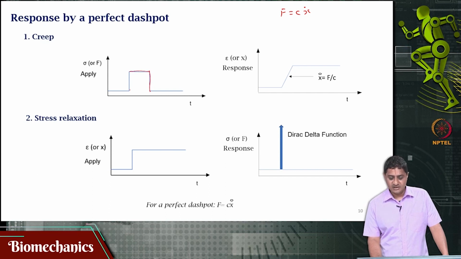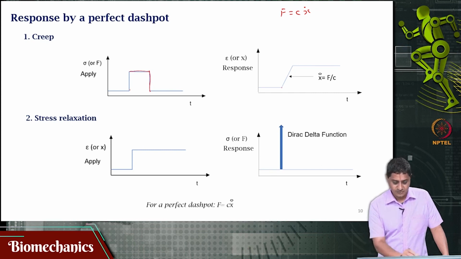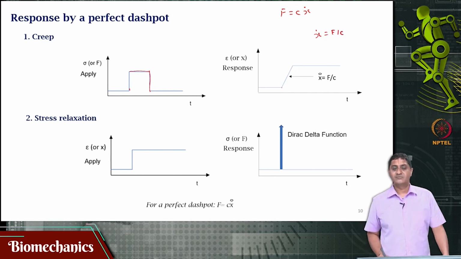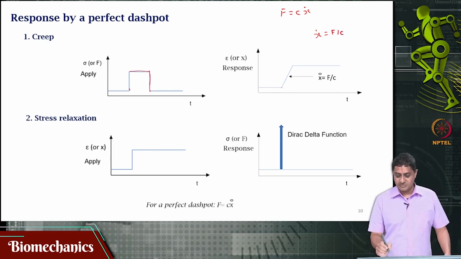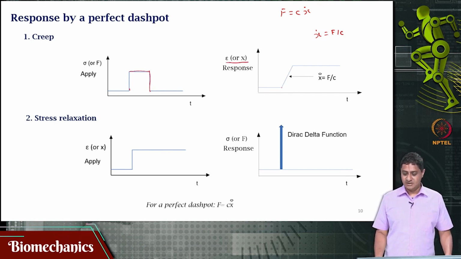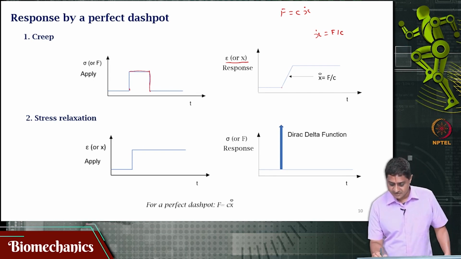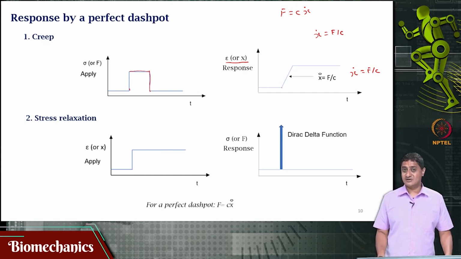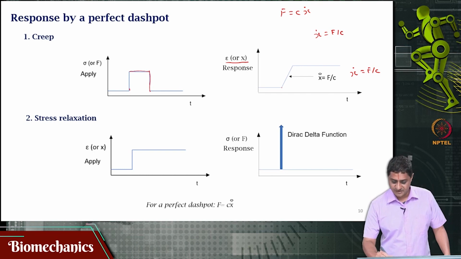Then the strain will be such that the velocity will be constant like this. As you are applying, x dot is F by C, but what is plotted here is x, the strain. Since it is not x that is constant, but rather x dot, this is what you will find.